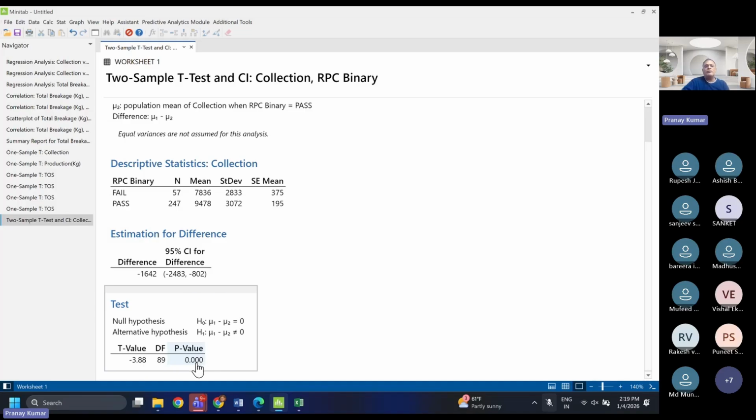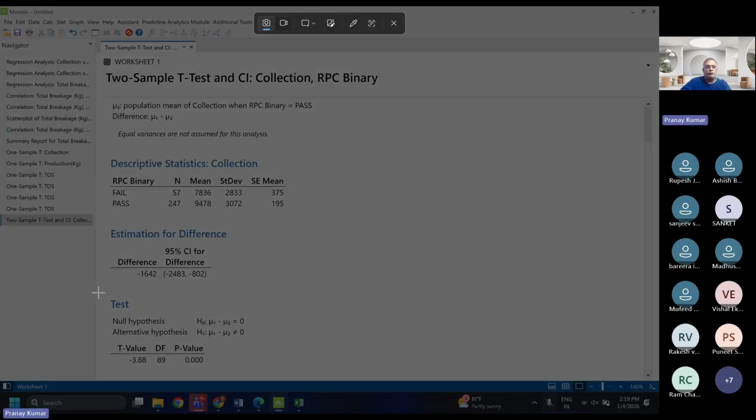Correct, everyone? 0.0, meaning alternate is true. Correct? Sir, can you repeat it once again? Sure.